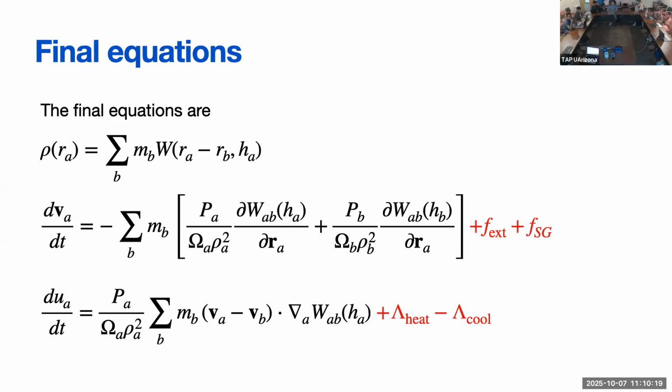A degree of freedom you can change in different SPH codes is, for example, the choice of the smoothing kernel, which is just a choice. There's nothing really physical within it. But up to this point, any SPH code needs to evolve this kind of equations.